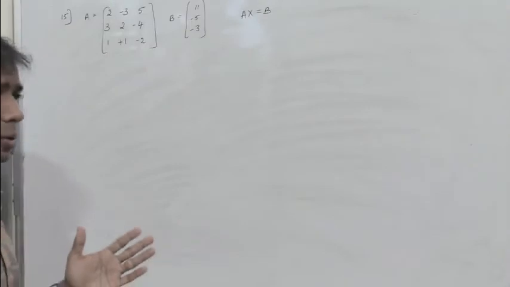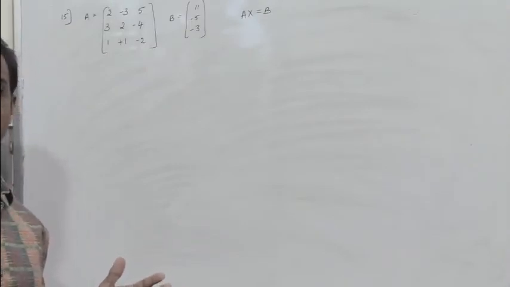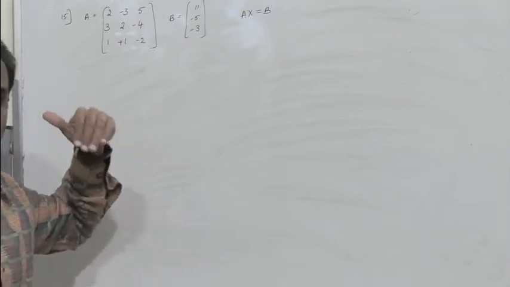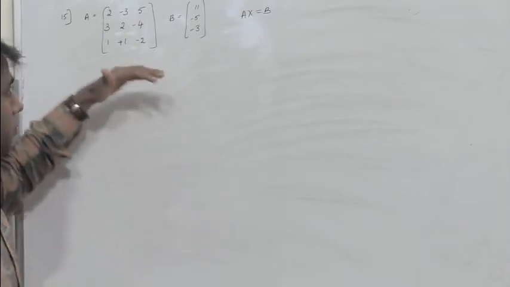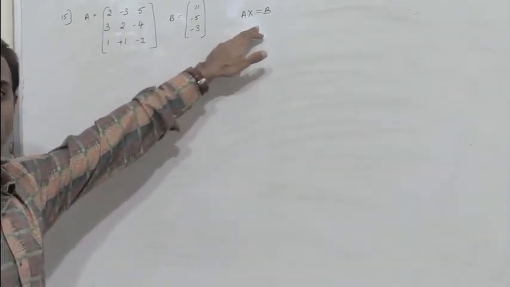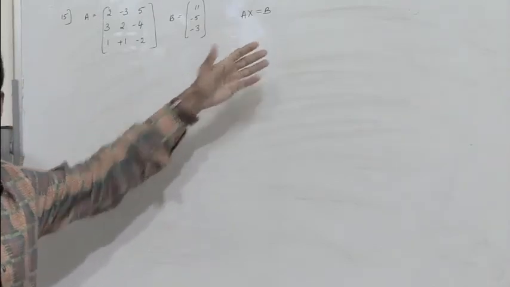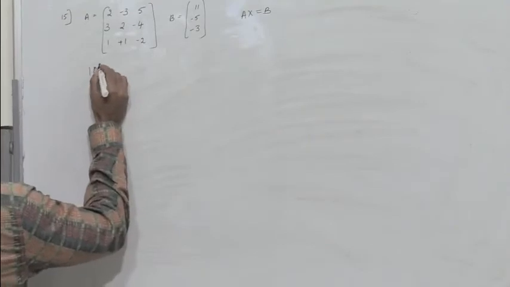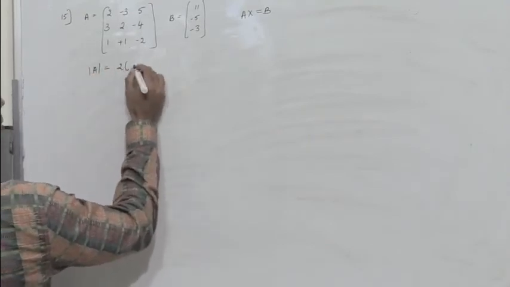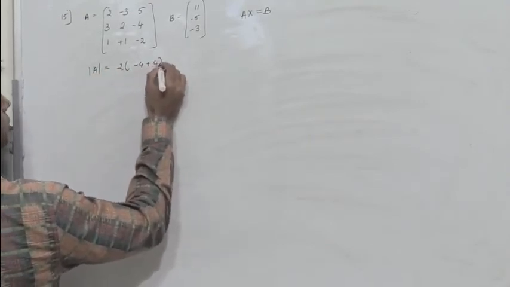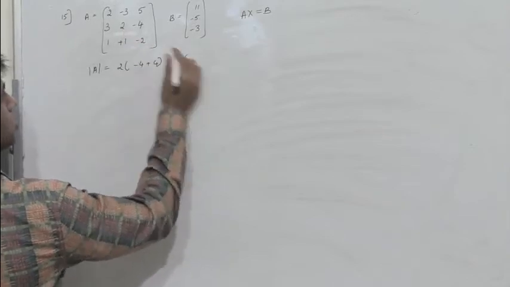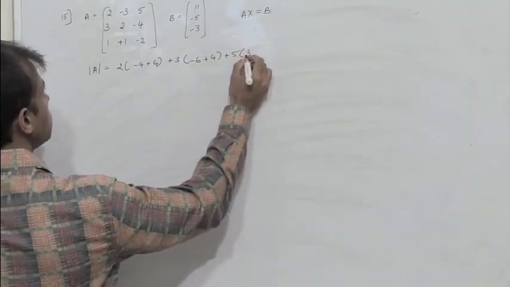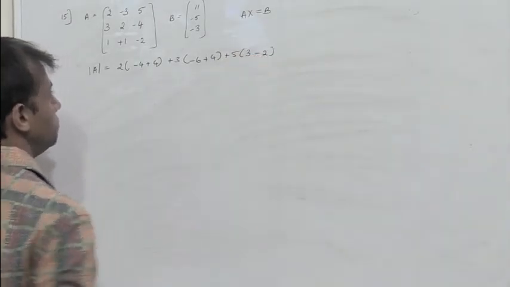The first question asked in the problem is, is the system of equations consistent? To find whether the system of equations Ax equal to B is consistent, we need to find the value of the determinant. So find determinant A, which is 2 into minus 4 plus 4, then plus 3 into minus 6 plus 4, then plus 5 into 3 minus 2.